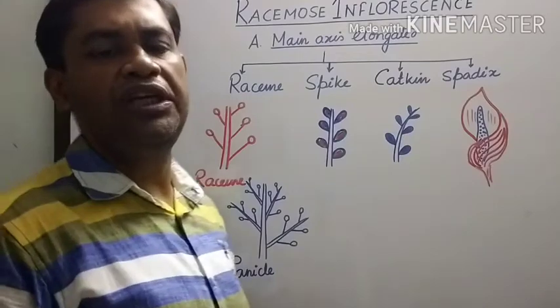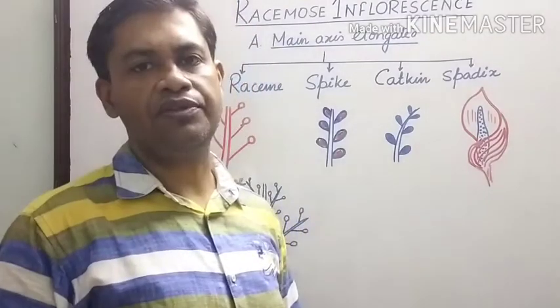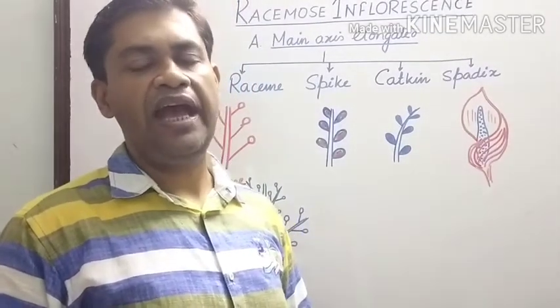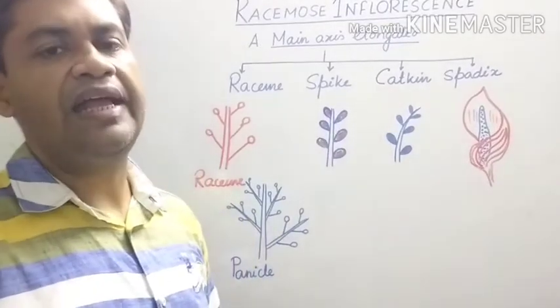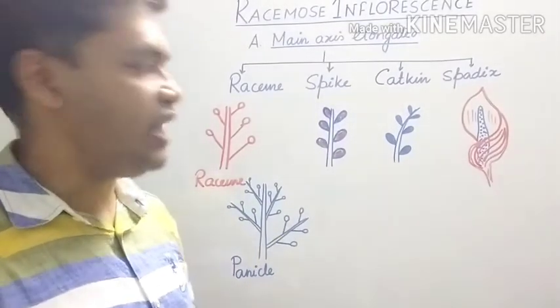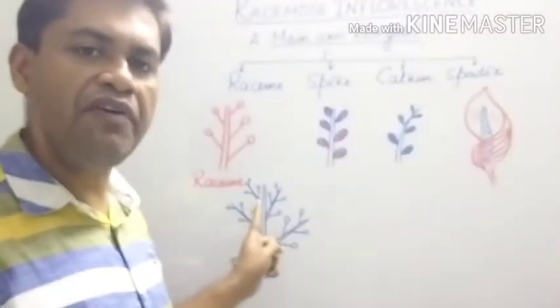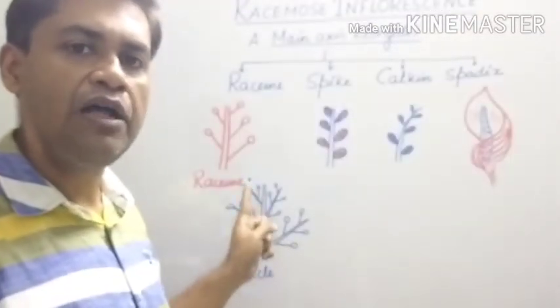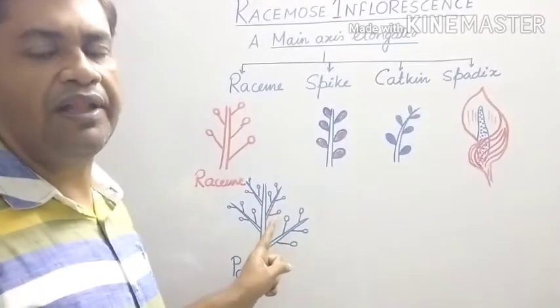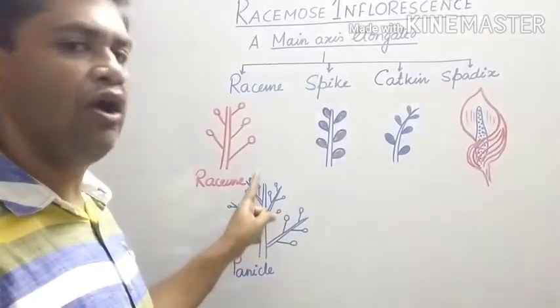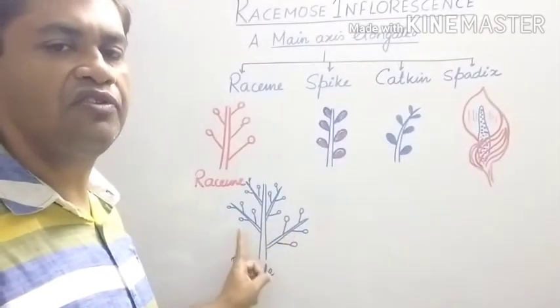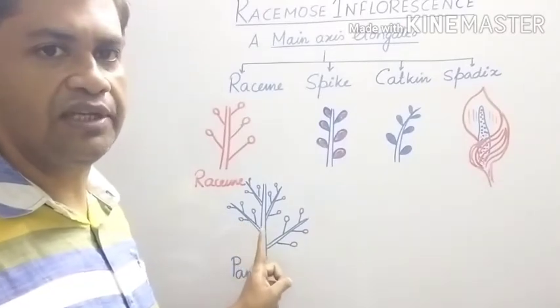So now we are going to deal with the racemose inflorescence in detail. As I mentioned earlier, racemose inflorescence is that type where the growing point never gets terminated by the production of a flower, rather continuously goes on elongating by giving rise to the lateral flowers in the acropetal succession.